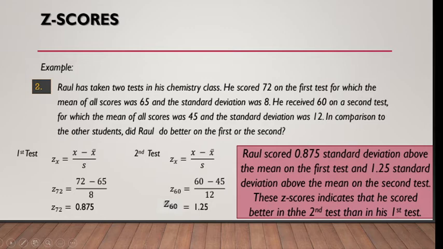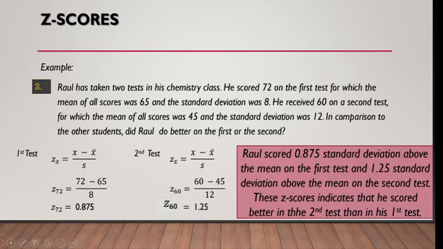So we have here the first test and the second test. Let's go to the first test. In the first test, we have the formula, and we find the z for x equals 72. So z sub 72 is equal to 72 minus the mean of the first test, 65, over the standard deviation 8. So z sub 72 is equal to 0.875. So that is the z-score on the first test.